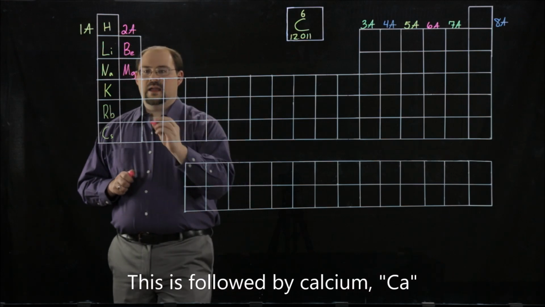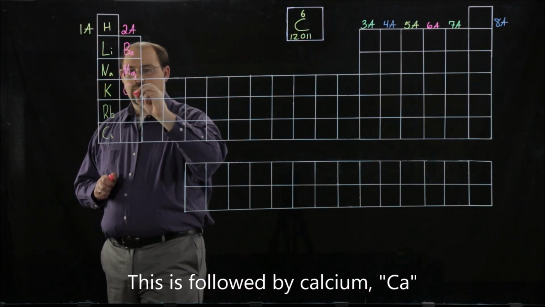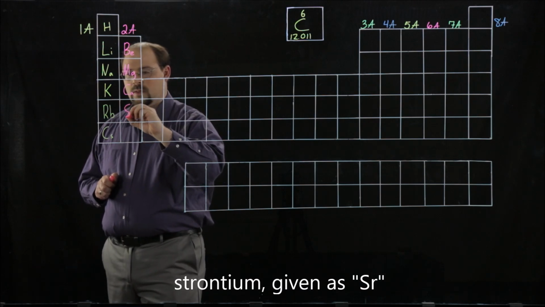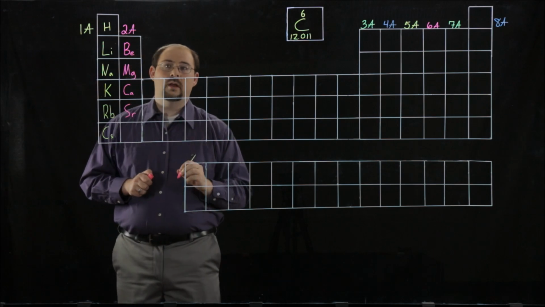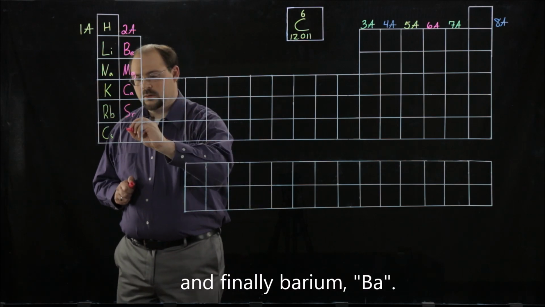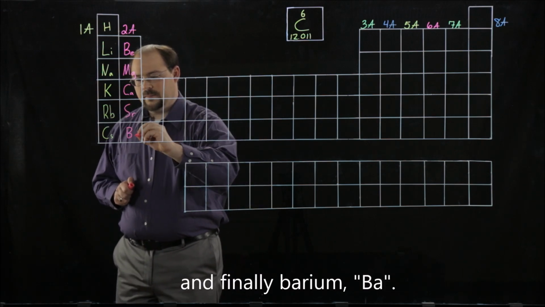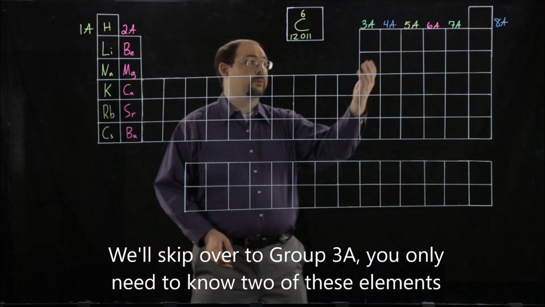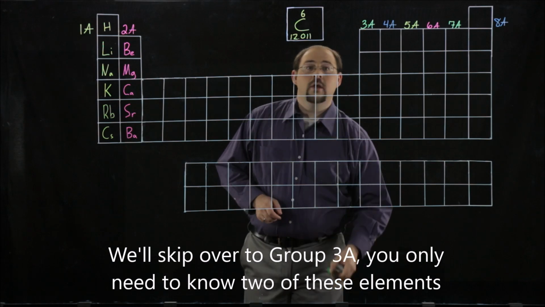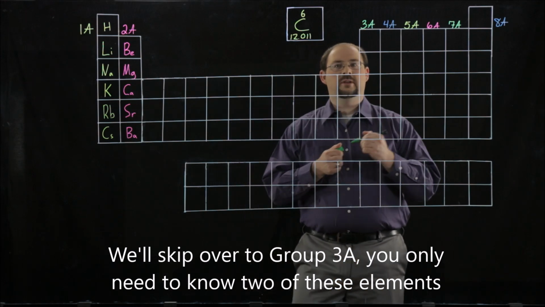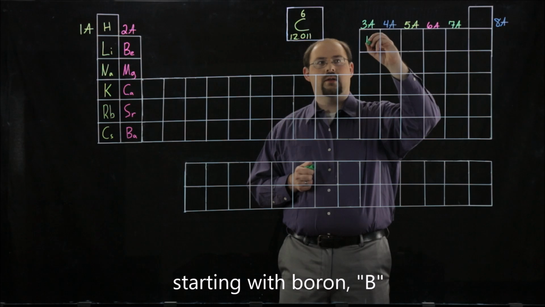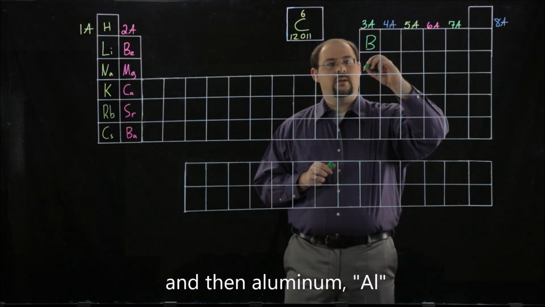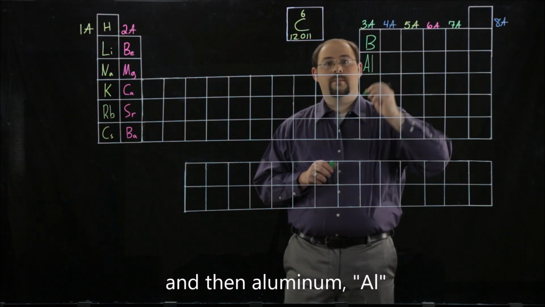This is followed by calcium, Ca, strontium, given as Sr, and finally barium, Ba. We'll skip over to group 3A. You only need to know 2 of these elements, starting off with boron, given as a B, and then aluminum, Al.